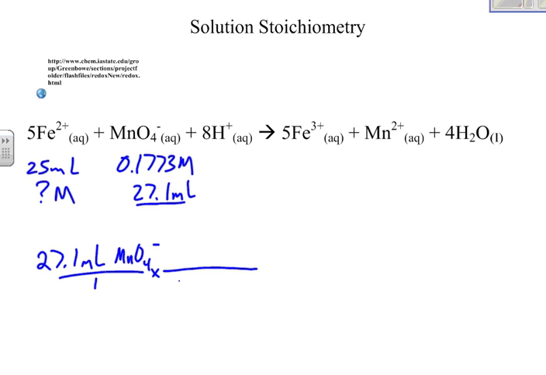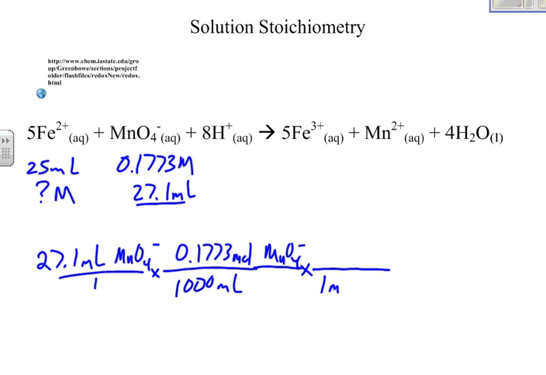We know from the molarity that every 1,000 milliliters is 0.1773 moles of the permanganate. So we could stop there and figure out how many moles of permanganate we added. However, we're going to continue on and figure out the moles of the actual iron that it must have reacted with.